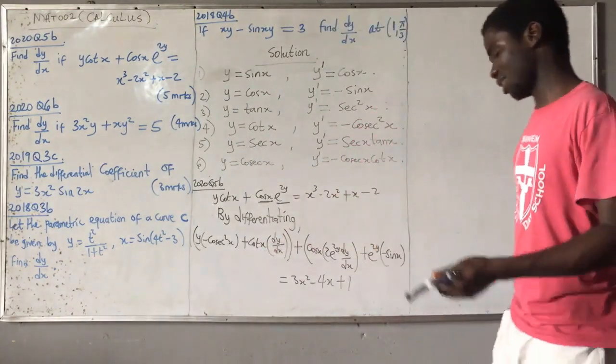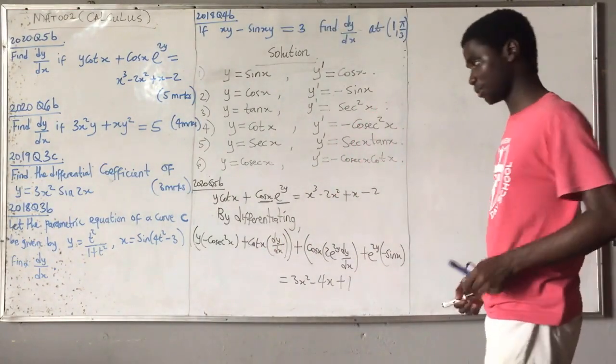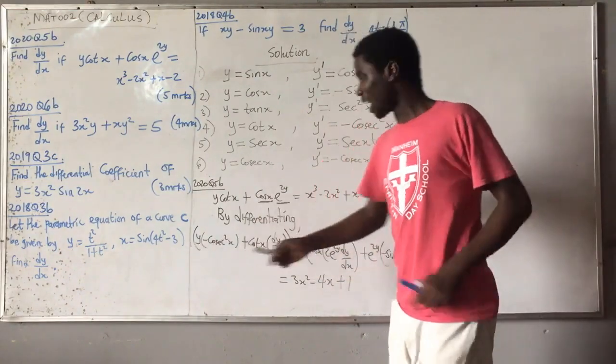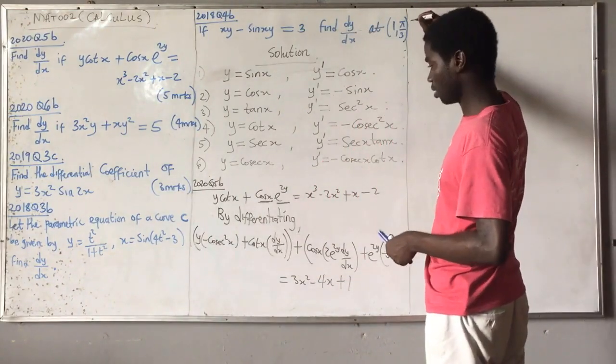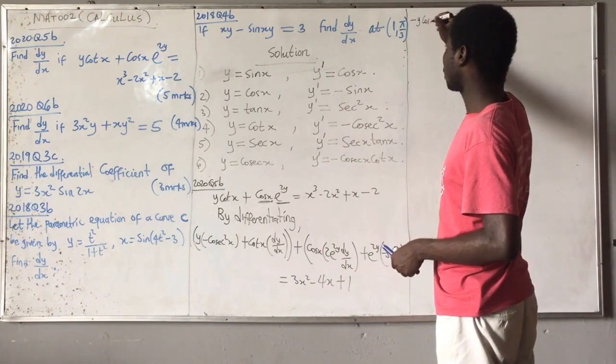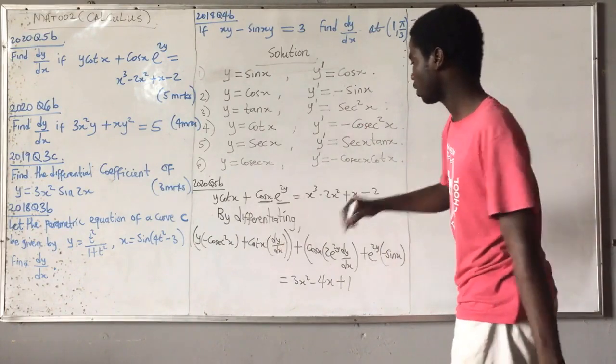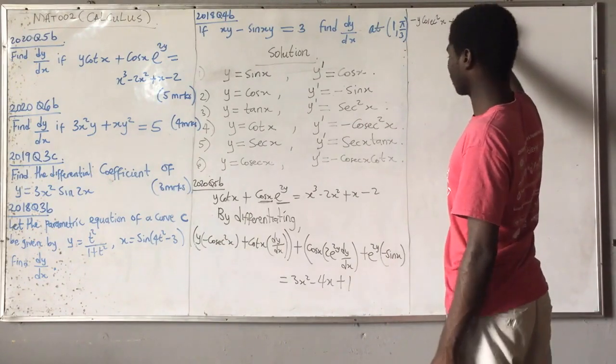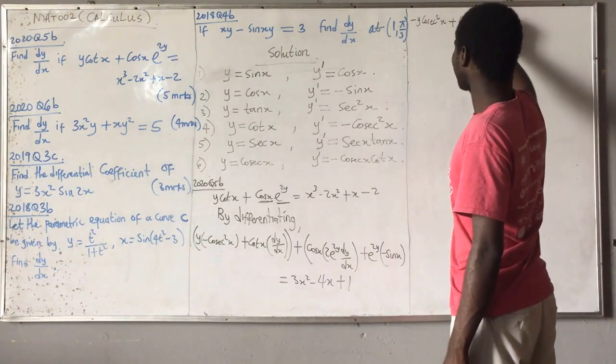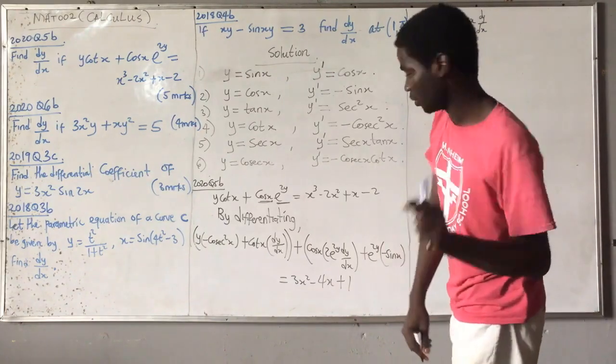Now, open the bracket and let's finish. Let's round up this question. Why do we multiply this one? So I have minus y cosec squared s plus this one will be cos s dy/ds. Can you see what I'm doing?